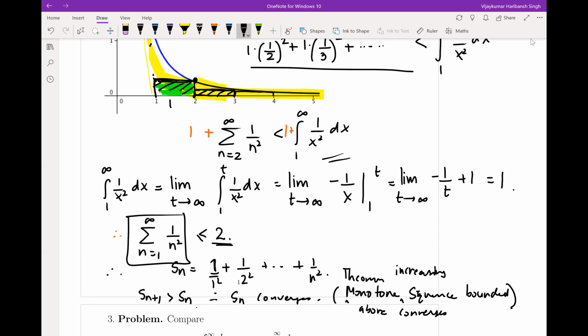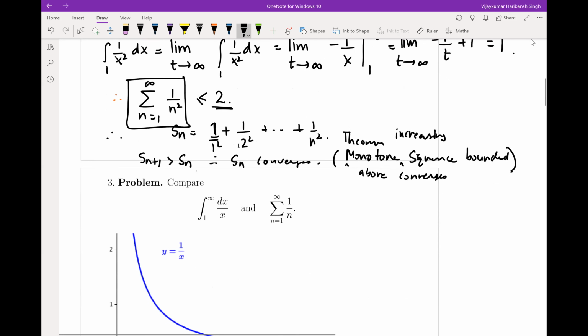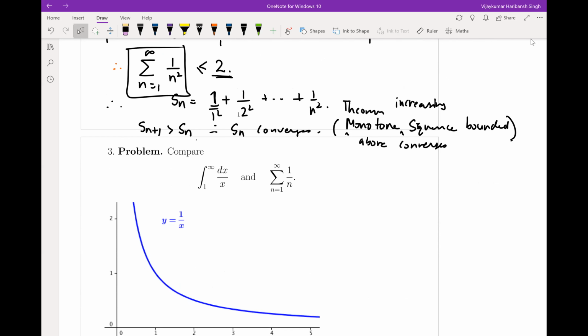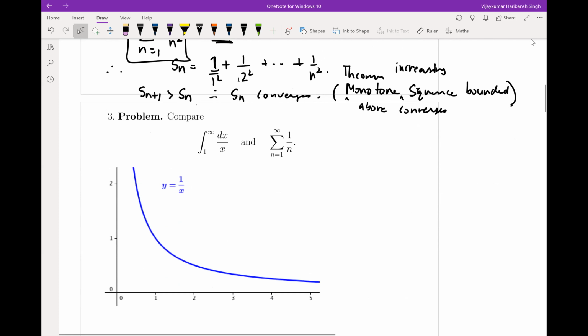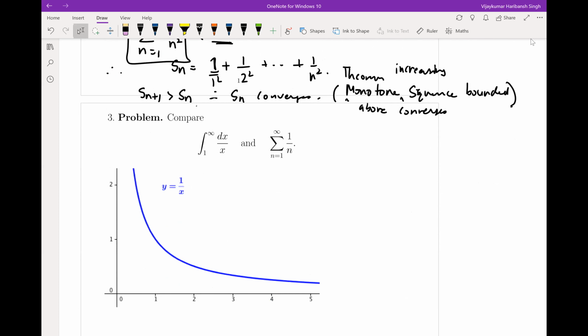Now we can have a similar argument for summation 1 by n and the integral dx by x. So notice the following. In this case, I'm going to work with the left-hand points for the height, and so on.